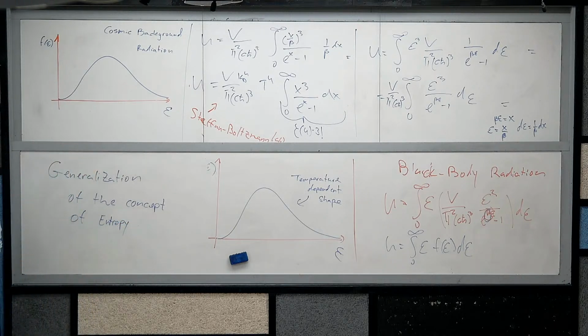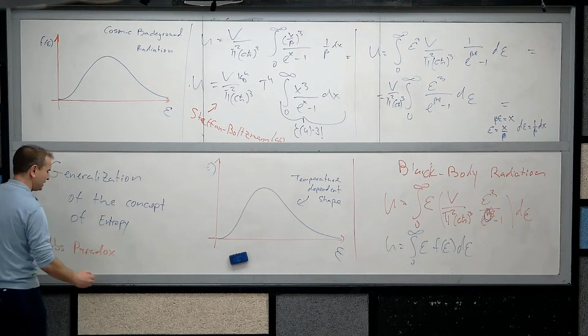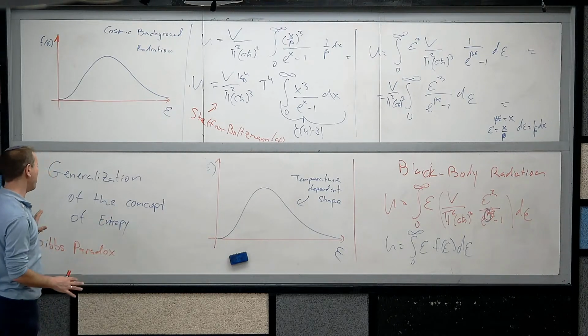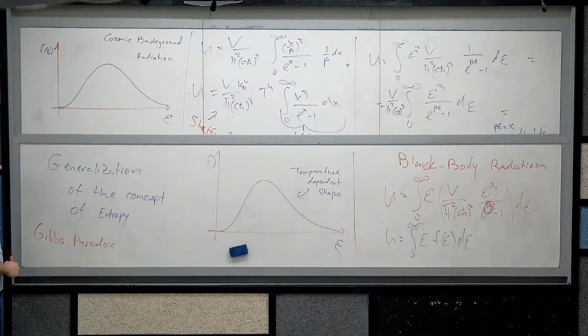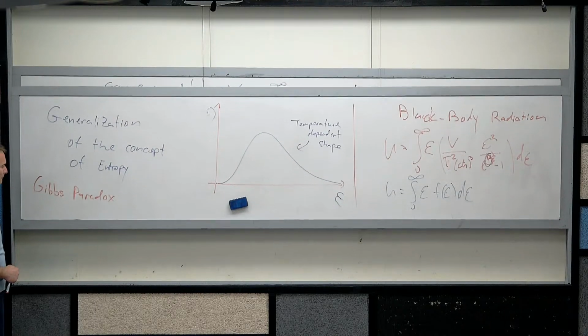And the other one is the Gibbs paradox. So I'm not sure that I will have time for both of those issues. So let's start with the Gibbs paradox, because the next lecture maybe I won't need it. And if we'll have time, we also will talk a little bit about the generalization of the entropy.